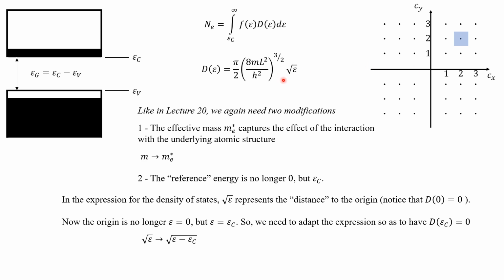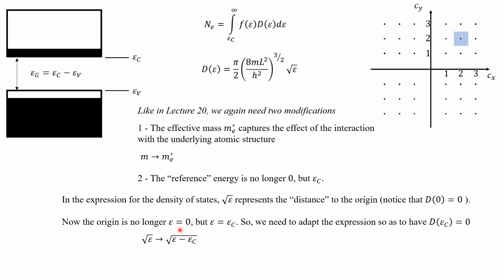Another way of looking at this problem is to consider that the way we have constructed the problem, the density of states evaluated at the origin, or in other words, for epsilon equals 0, is 0. But now we need the density of states evaluated at the origin epsilon c to be 0. So both ways we look at the problem, we conclude that we need to replace the origin with epsilon c. So to do that, we just need to replace the square root of epsilon with the square root of epsilon minus epsilon c.